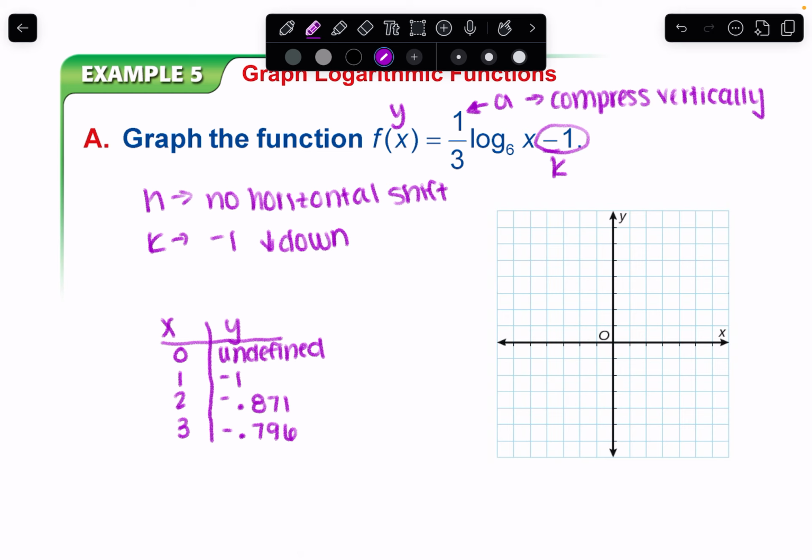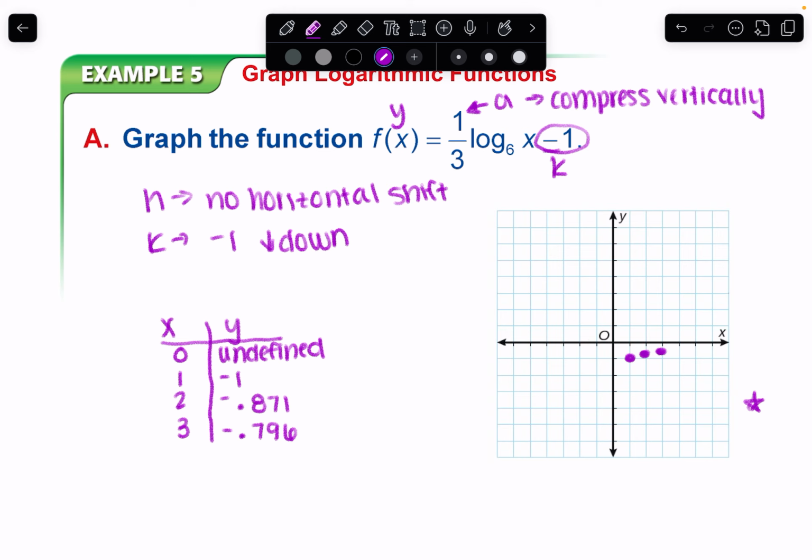What the 0 undefined means is it is not going to touch 0. Your line, with all of your other points being negative, will be in the 4th quadrant, but it's never going to touch 0. So when I graph 1, -1, it would be right here. When I graph 2, -0.87, it would be slightly above that point, and then the -0.796 would also be slightly above that point.